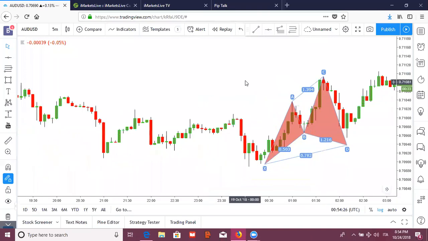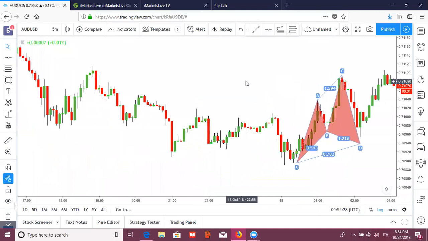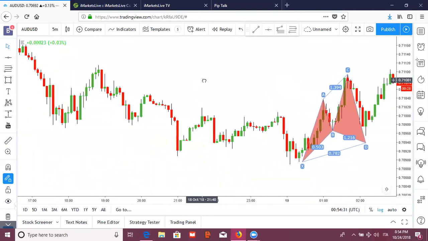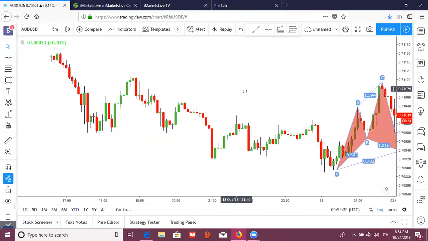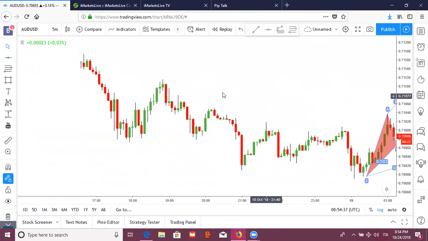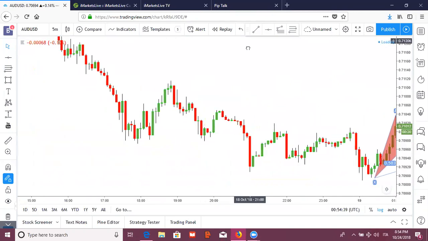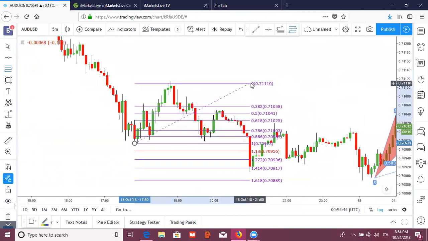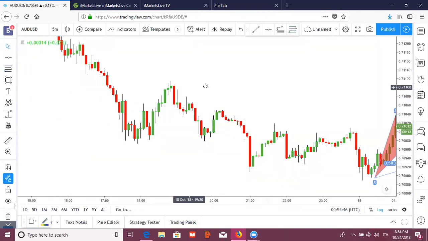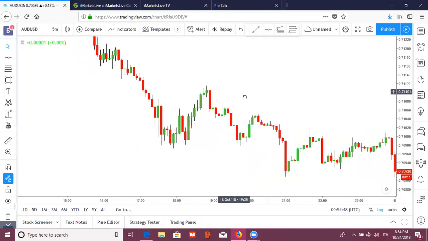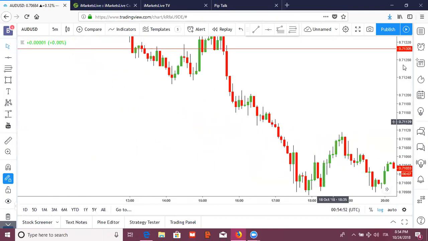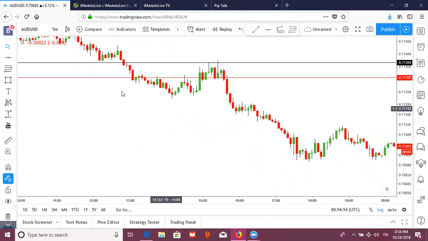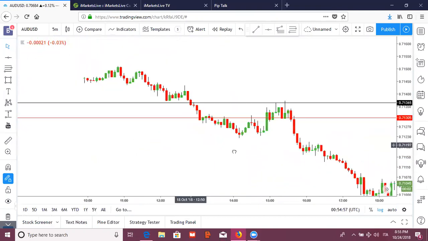Let's keep going. So you can see how easy my eyes pick up on these patterns, right? And soon you guys will be able to do the same exact thing. And this is on a 5-minute chart, so you can use this method to scalp as well.